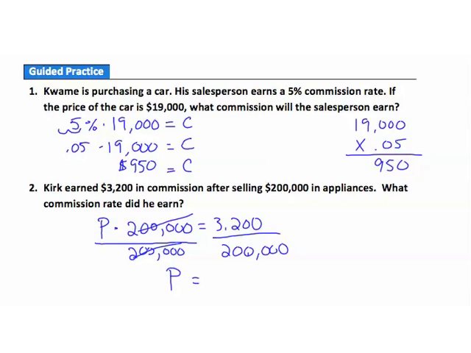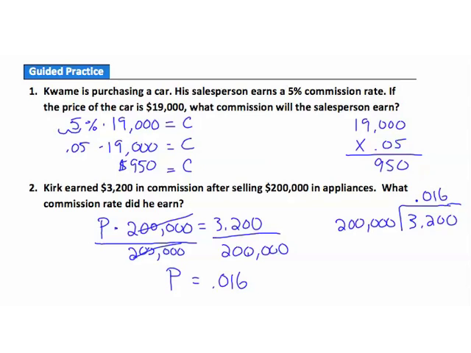So on some scratch paper, we're going to do $200,000 into 3,200. When we do that division, we're going to get 0.016. So we come over here in our percent and we say, okay, 0.016. However, that is still a decimal at this point.